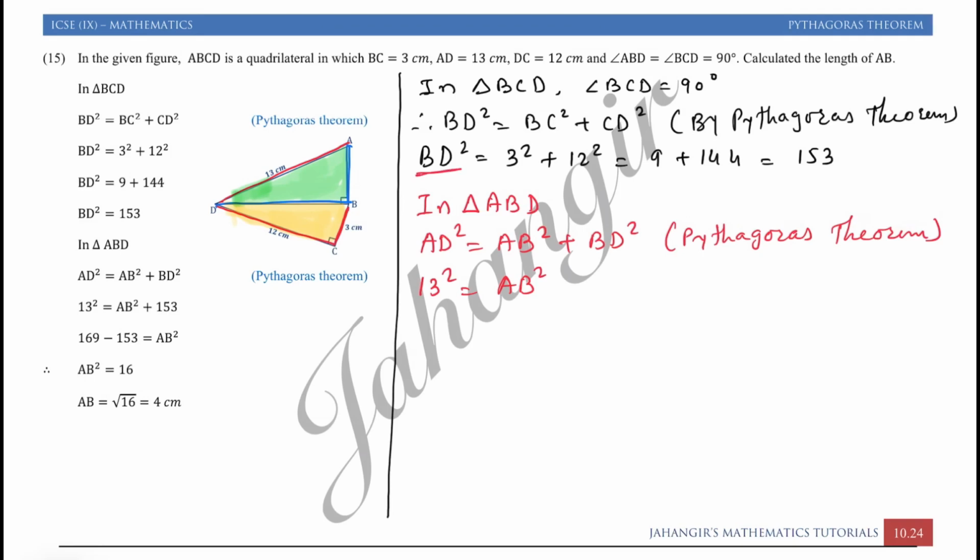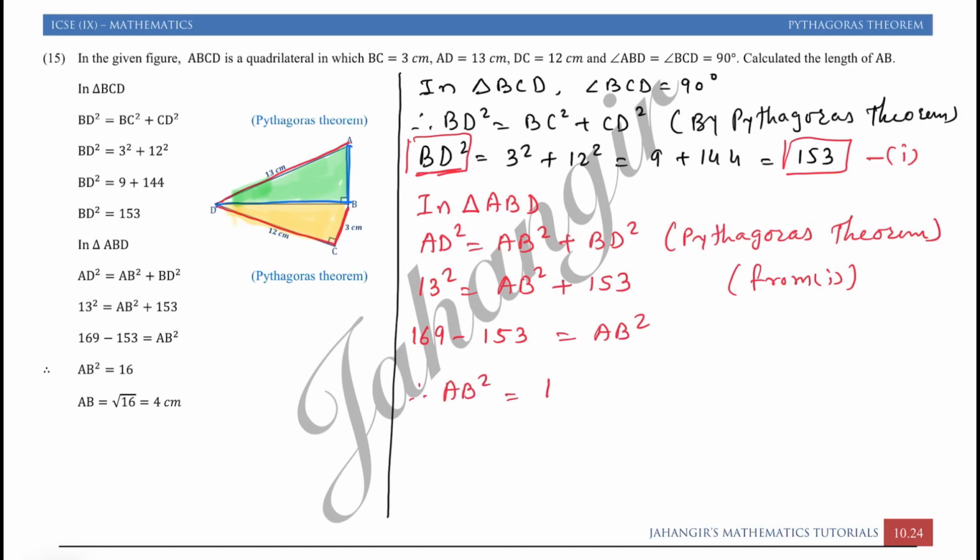As we can see over here, the value of BD square is 153, so directly we will put 153. Reason you can write down: from 1. 169 minus 153 is equal to AB square. Therefore AB square is equal to 16. AB is equal to square root of 16, which can be written as 4 centimeter.